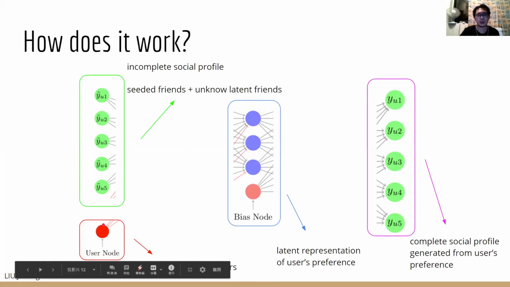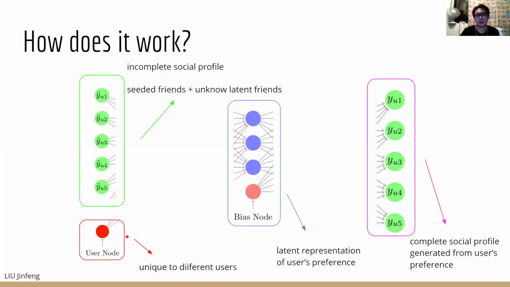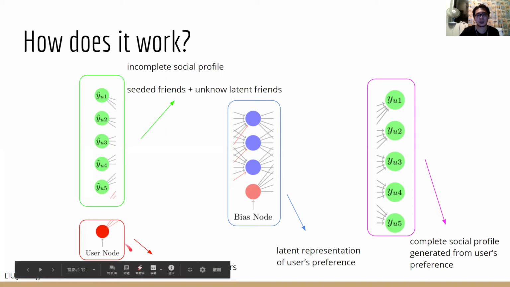It makes sense because different users may have different preferences to make friends. For example, like me, I would like to make friends with somebody who likes to travel, and maybe you like to make friends with somebody who likes study. So it makes sense to have this node here, and different people have different user nodes.